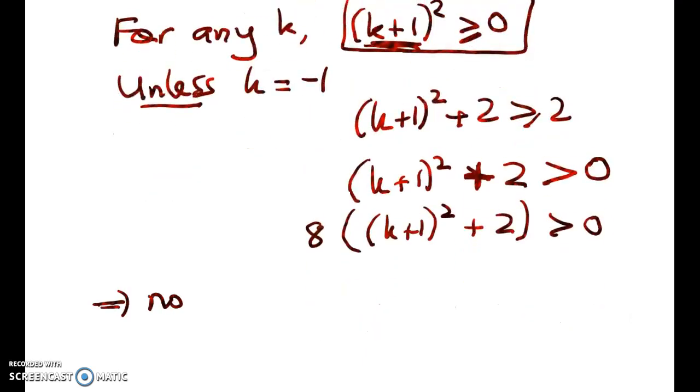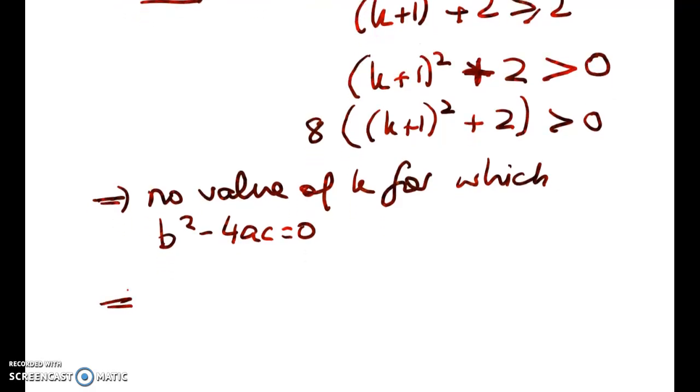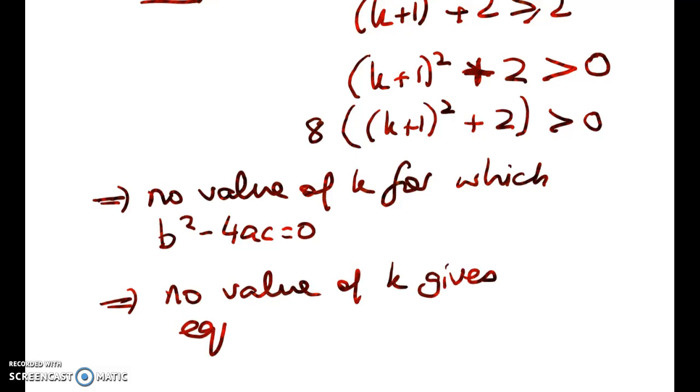So there's no value of k for which b squared minus 4ac equals 0, and that means that no value of k gives equal roots.